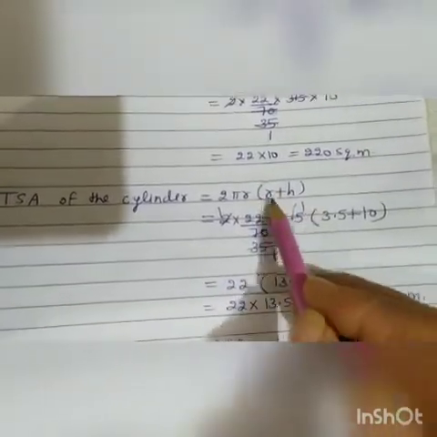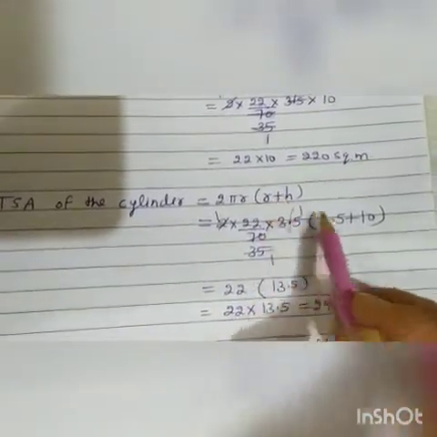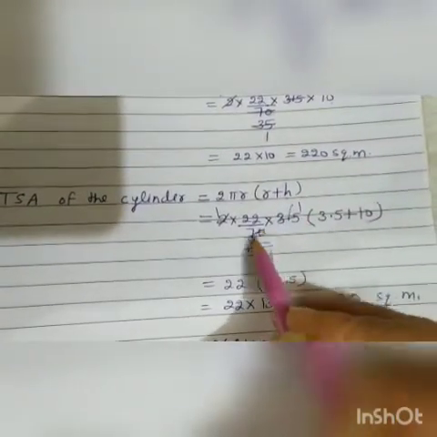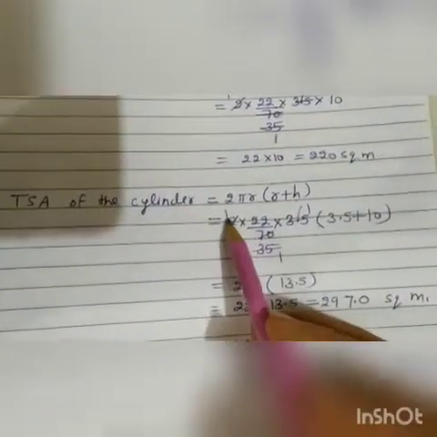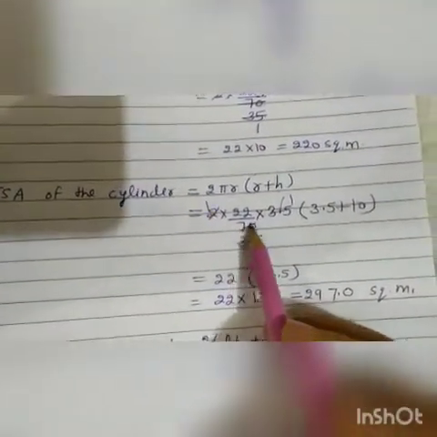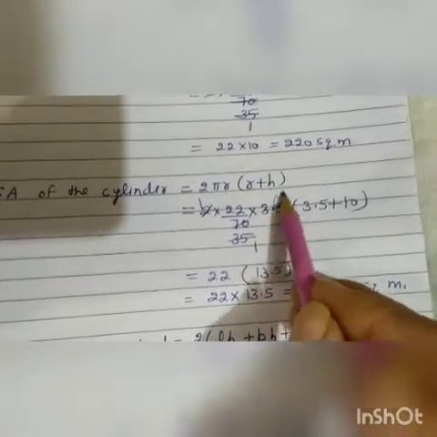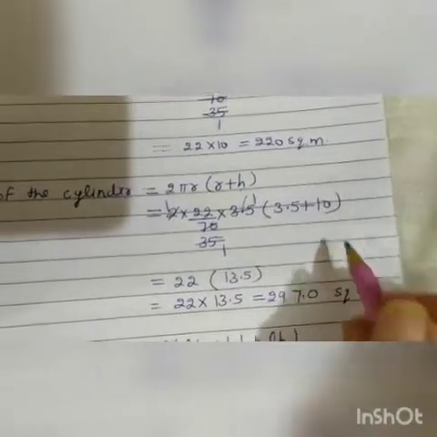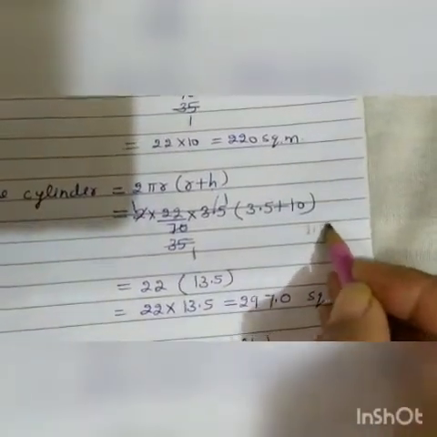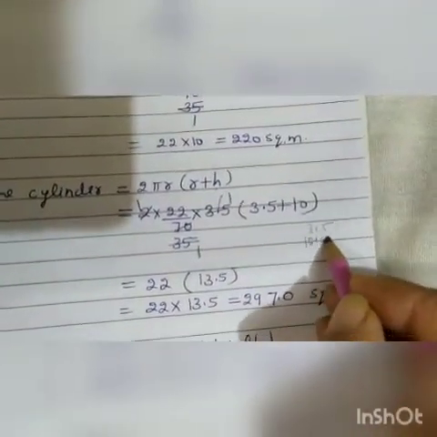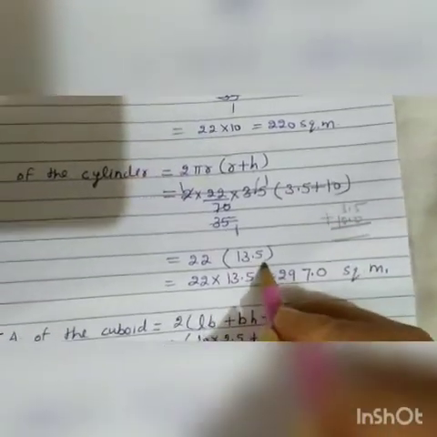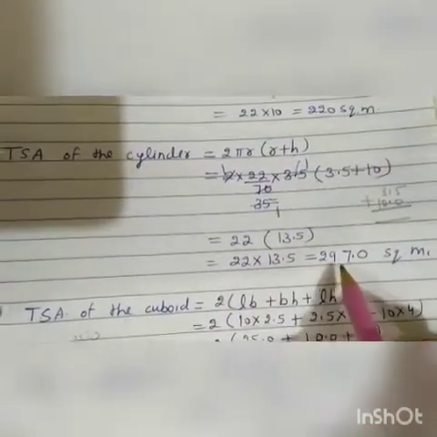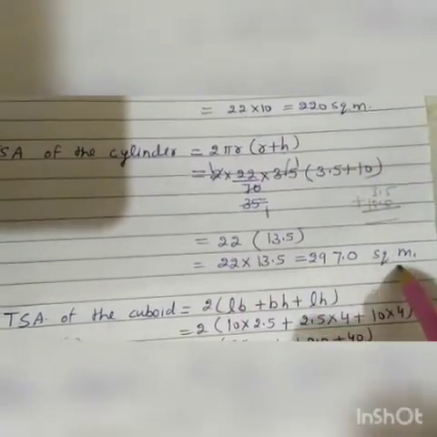Within bracket this one, r is 3.5 plus h is 10. Remove decimal from here, add 1 0 here. Then simplify. Now this 22, within bracket we will add this. How? 3.5 plus 10.0. It is 13.5. When we multiply this 13.5 by 22, we get 297 square meter.